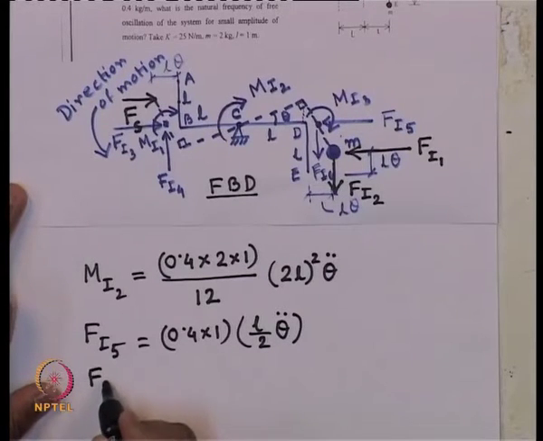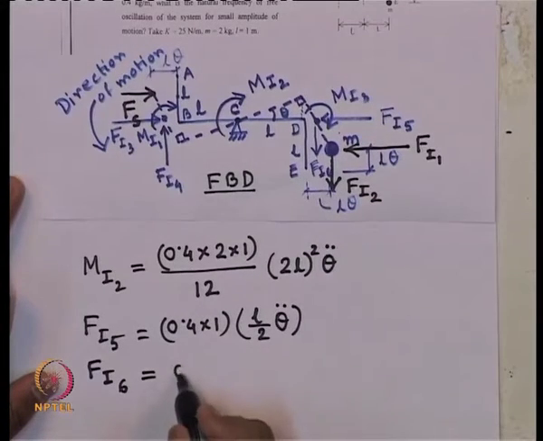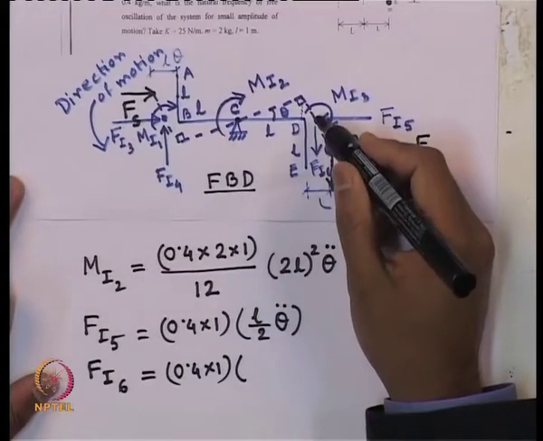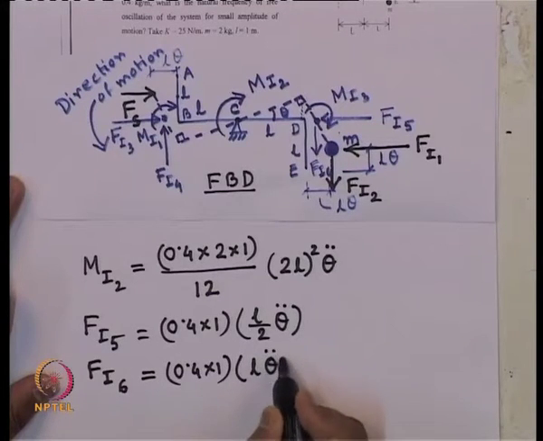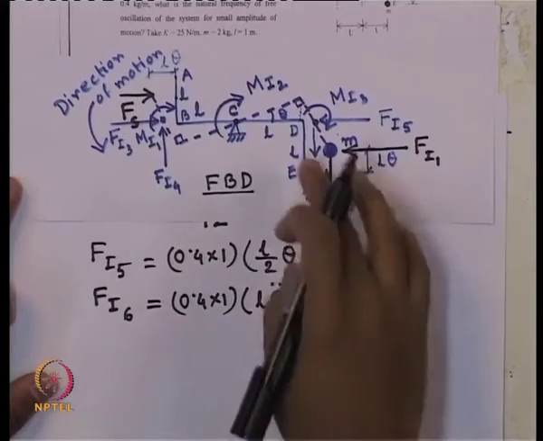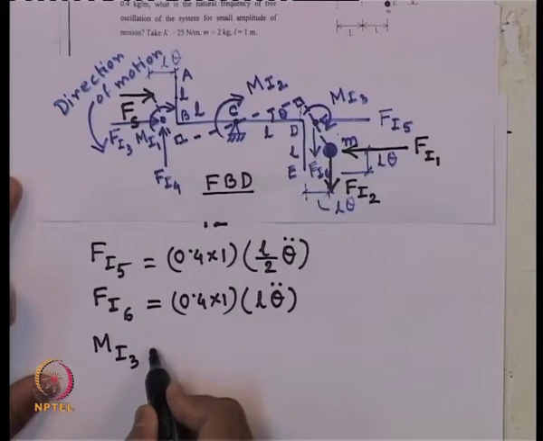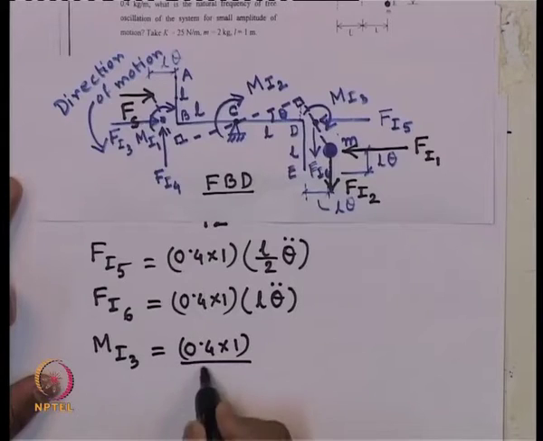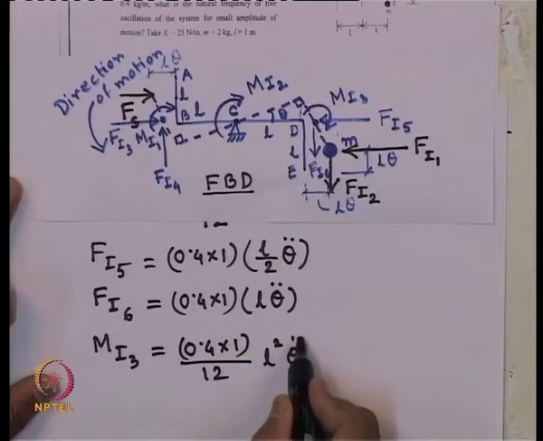And F I 6, that is the vertical inertia force, is m times the vertical movement of the bar about its center, that is again L theta. So, acceleration is L theta double dot, and the torsional inertia force about its center, M I 3, will be m by 12 L square theta double dot.